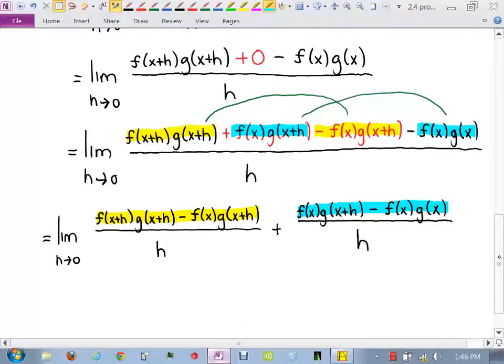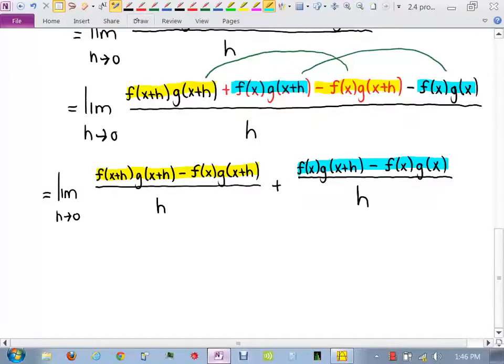Now, on the yellow one, bottom left, what do both terms in the numerator have in common? They both have a g of x plus h, right? So I'm going to factor out a g of x plus h, and what would I be left with?